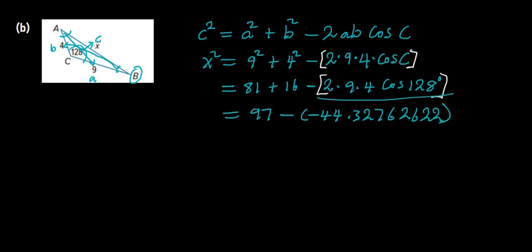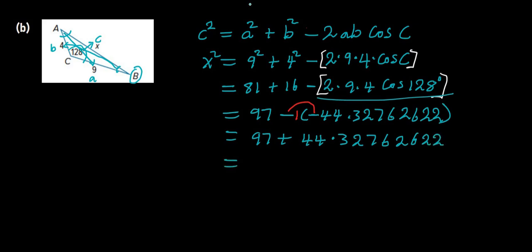Now recall that negative times negative is positive. This is like negative 1. So automatically this will become 97 plus 44.32762622. Let's add up this value using a calculator.